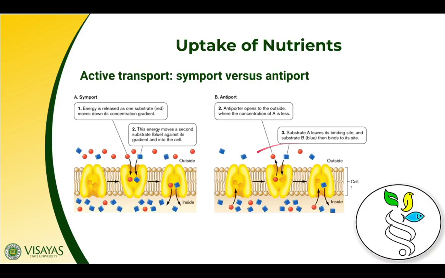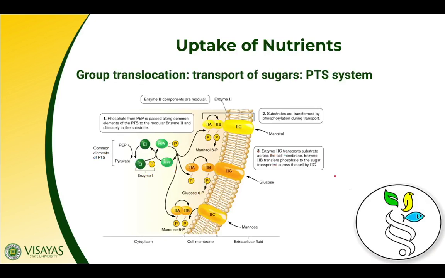Now another way to transport certain substances, for example sugars, which are a very good source of energy for some microorganisms, is the group translocation system. This is what we call the PTS, or the phosphotransferase system. The phosphate is donated into the PTS system from phosphoenolpyruvate, or PEP.